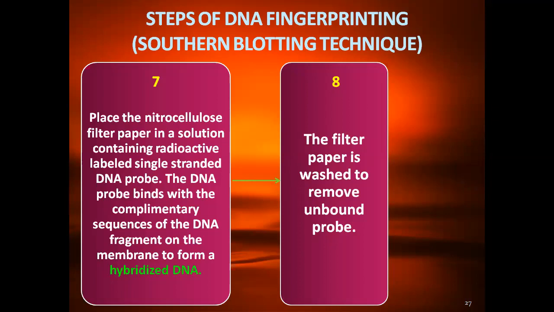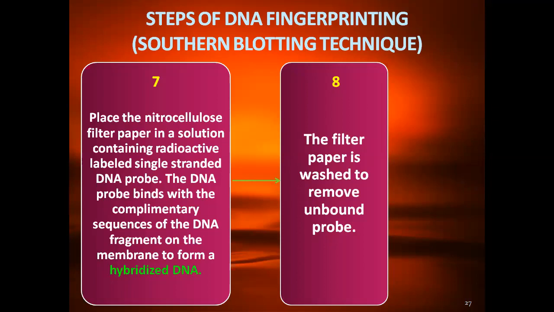The nylon membrane is dipped into the solution containing the radioactive DNA probes. When we dip it, the complementary radioactive labeled DNA goes and binds with the single-stranded fragments, and that makes a hybridization of the DNA.